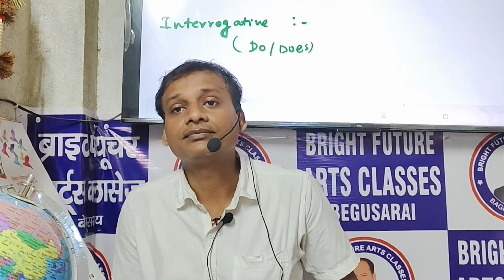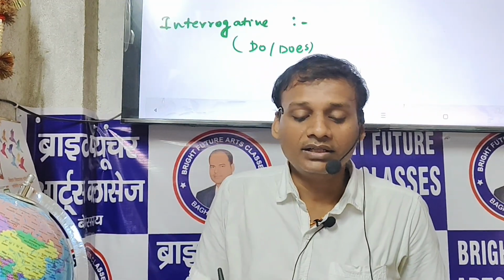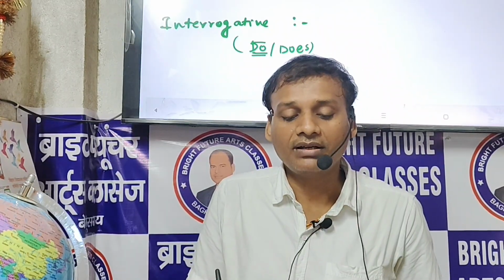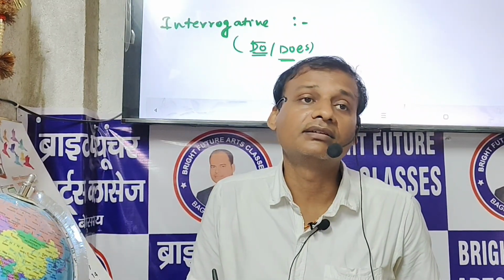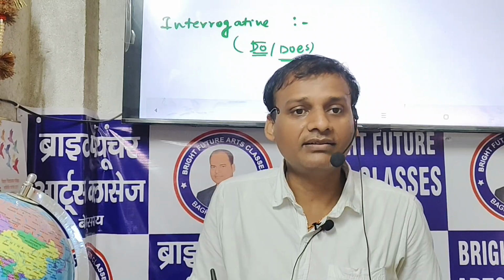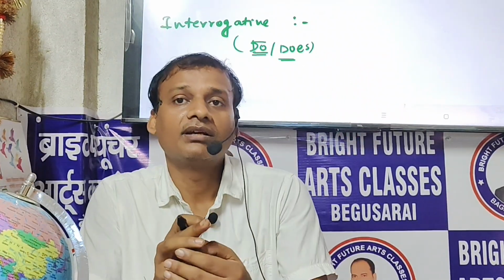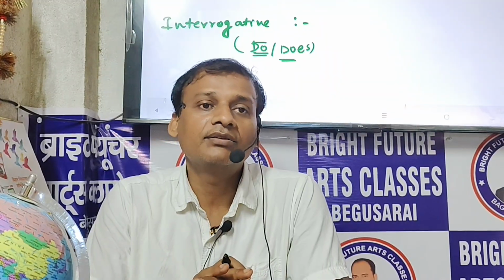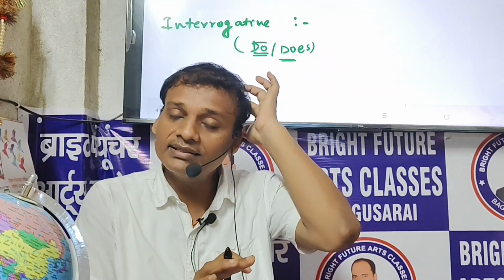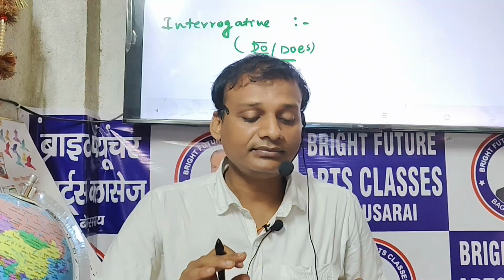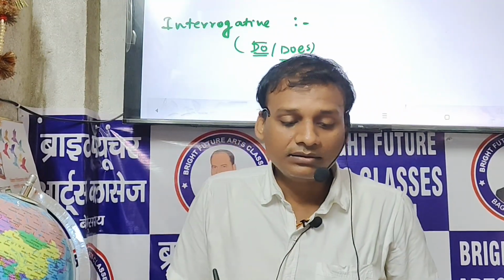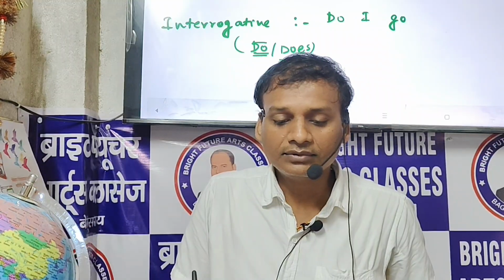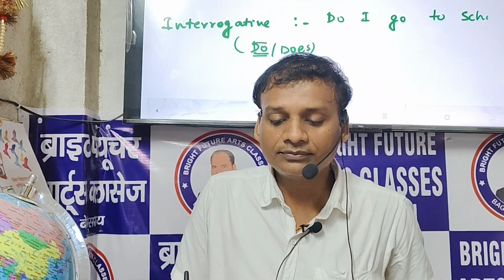Does I? If the subject is singular, then use does. If the subject is plural, it is do. Clear? And the question is what? What is I? Singular or plural? I is singular, but used as plural. Write down there: Do I go to a school?